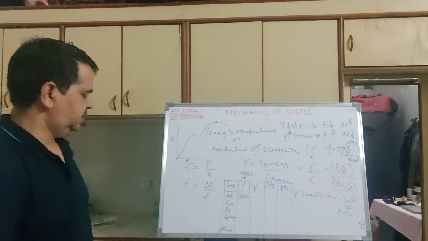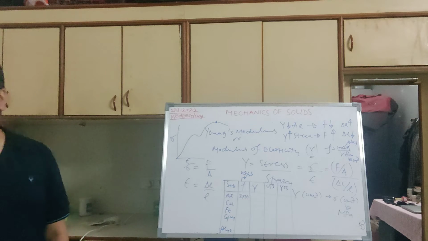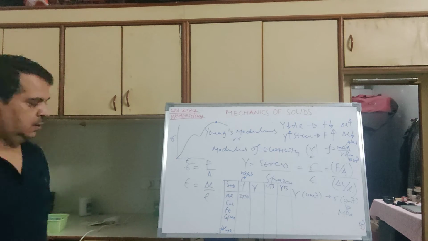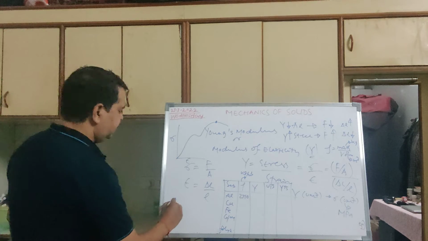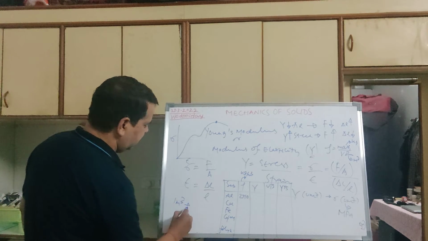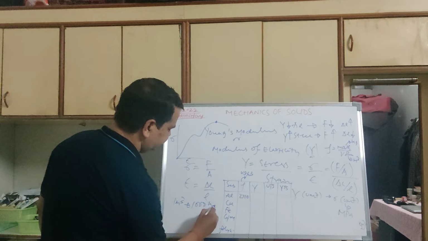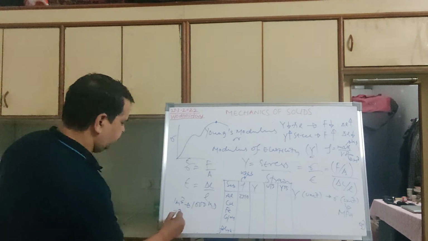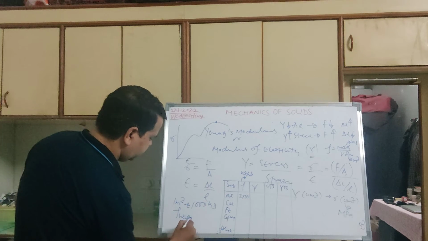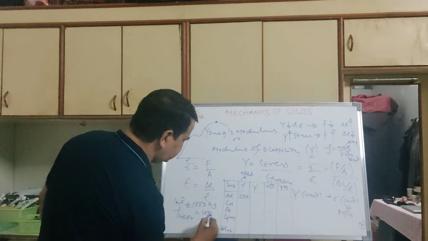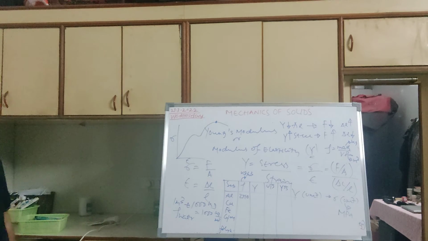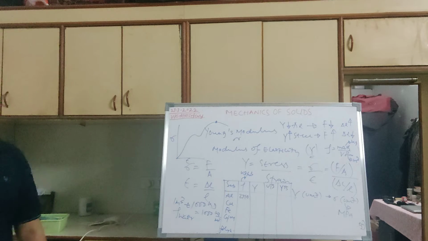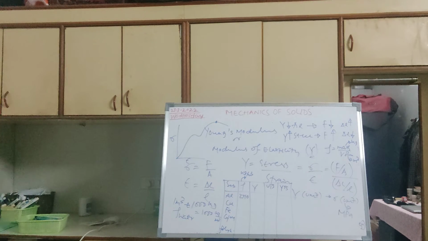Think about water: 1 meter cube of water has a weight of 1000 kg, so the density of water is 1000 kg per meter cube. The density of aluminium is more than that of water, very obvious, since that is liquid and this is solid.